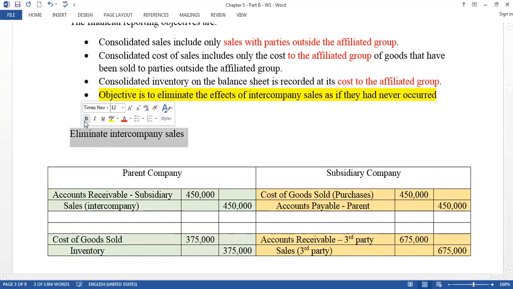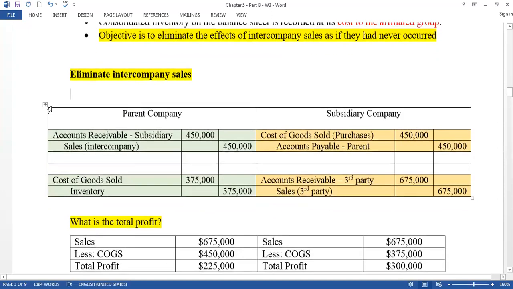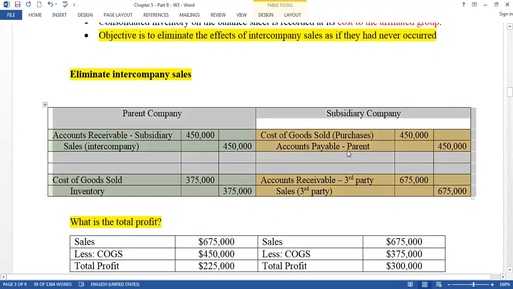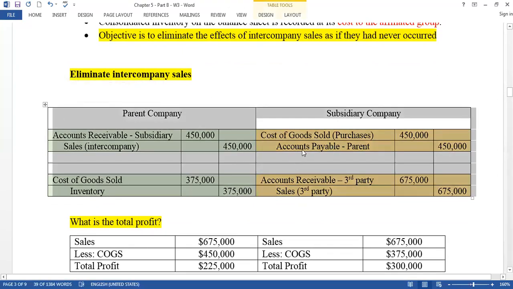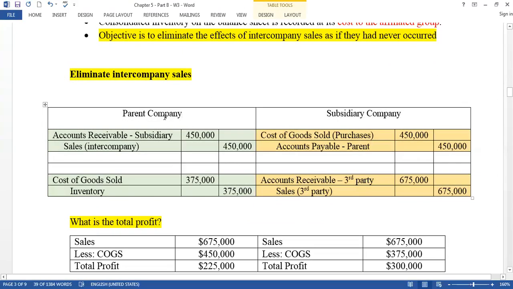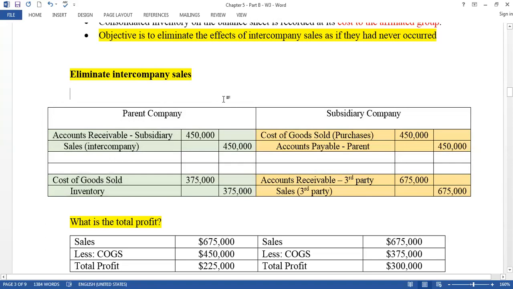Before eliminating intercompany sales, you should know how to record the normal journal entry. What I mention here is not related to your question. This is not the elimination journal entry. This is the normal journal entry that happened between parent and subsidiary.